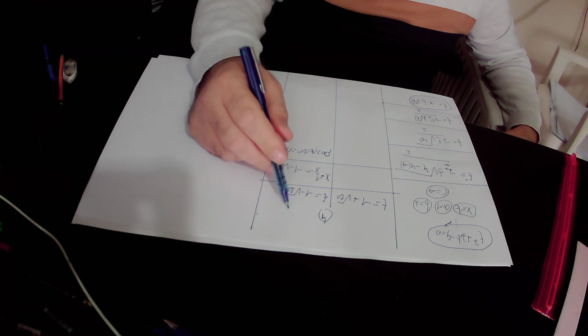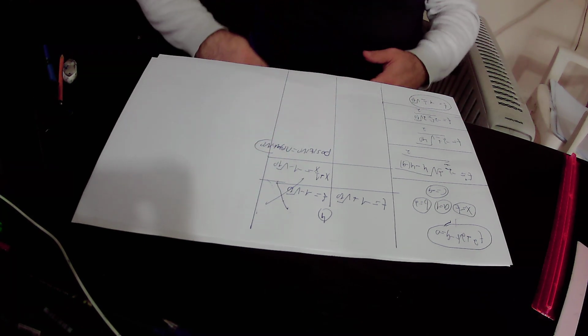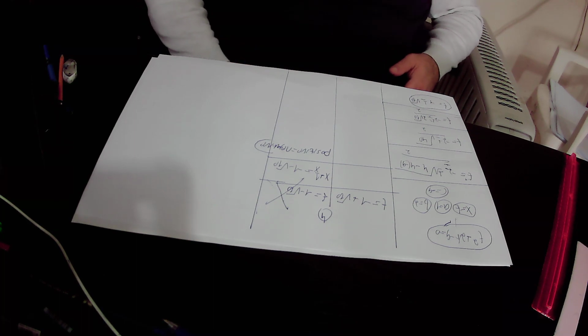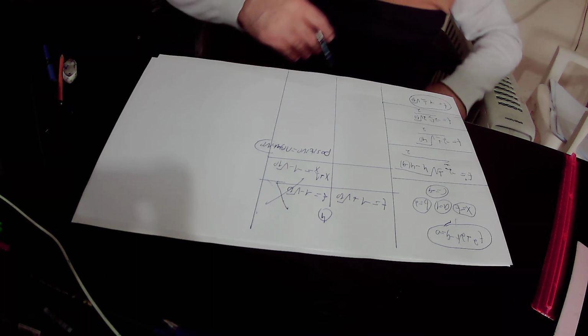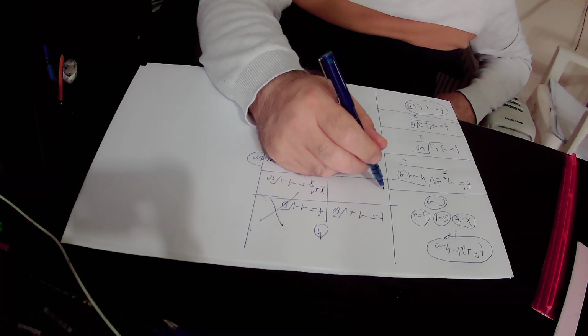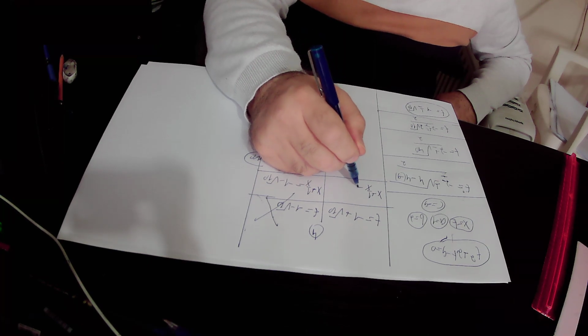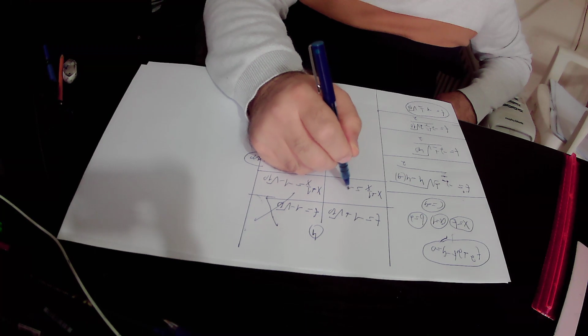We'll cancel this solution, and we're left only with the solution t equals minus 1 plus square root of 10. According to our definition, t equals x plus 1 over x, which equals minus 1 plus square root of 10.